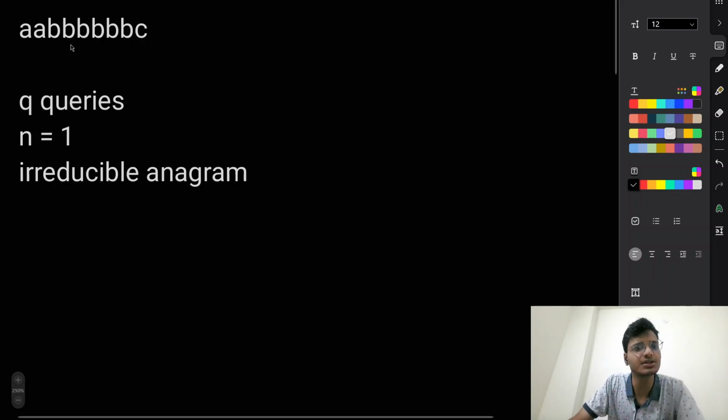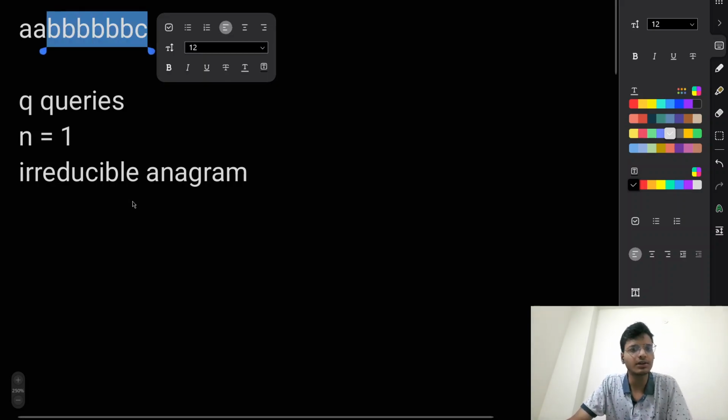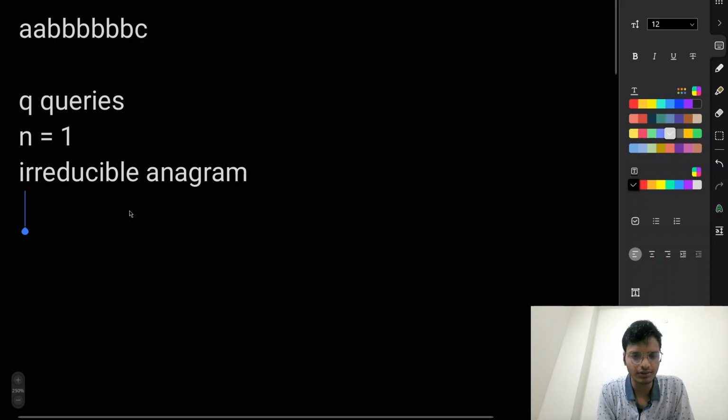Wait a second, let me recall myself. Yes, we already know that if the size of the string is equal to 1, then we will directly say it is an irreducible anagram. So what if this is the string that is given?